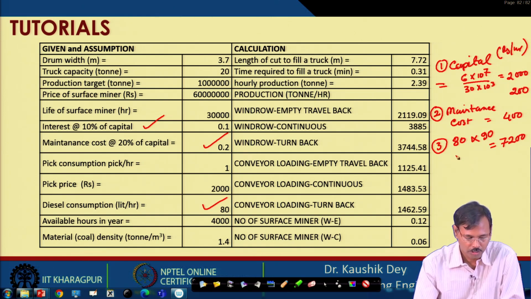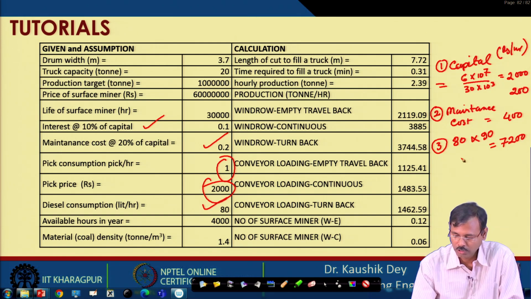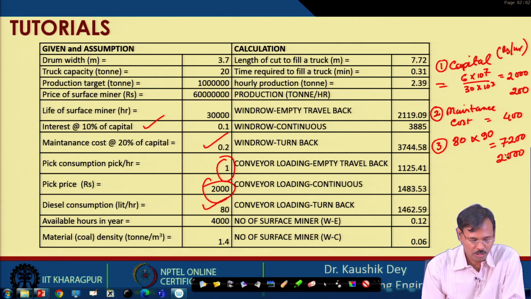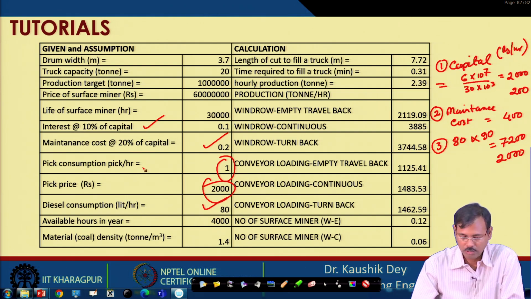We have considered the peak consumption also. So, we have considered peak consumption per hour is 1 and peak price is 2000 rupees. So, peak cost is 2000 rupees per hour, and we have considered the manpower is 2.